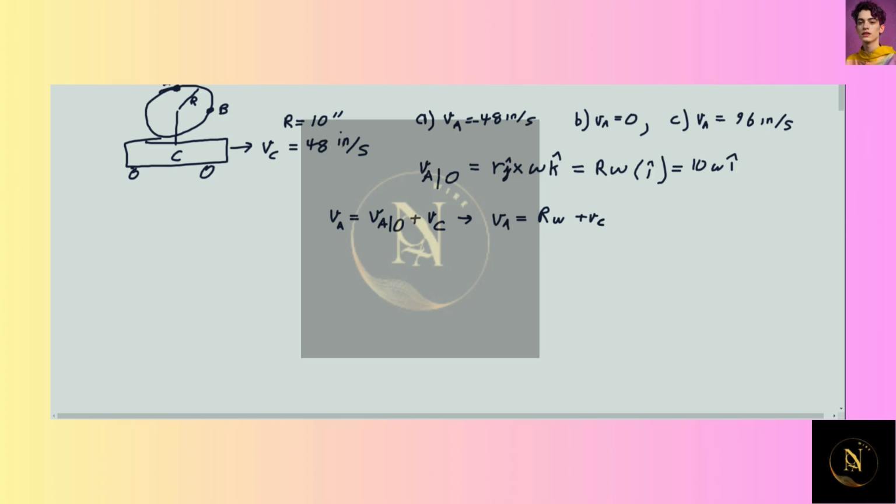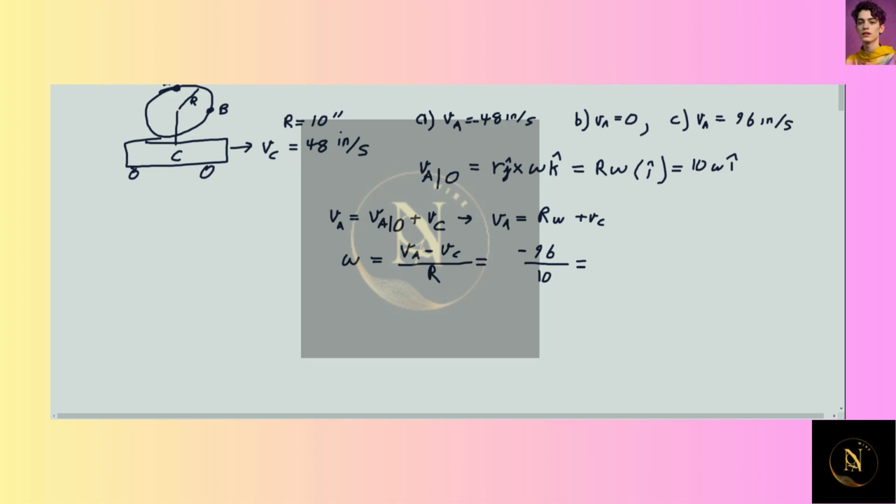In other words, omega would equal VA minus VC over R. In this case, we have negative 48 minus VC, which is 48, so that's negative 96 inches per second, divided by the radius, which is 10 inches.